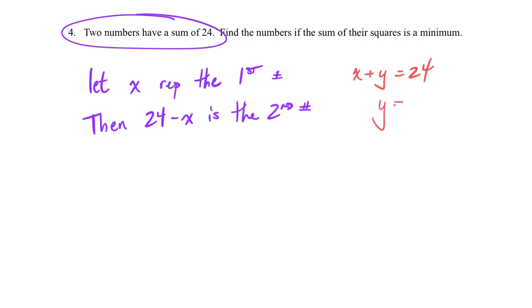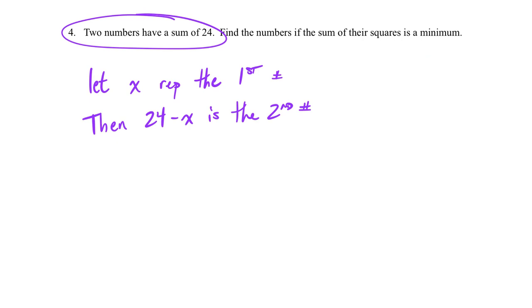And so, if you want to get that y all by itself so you don't use a second variable, then 24 minus x is the other number. So just to keep that in mind, if we're not quite up to the one variable thing at the get-go.